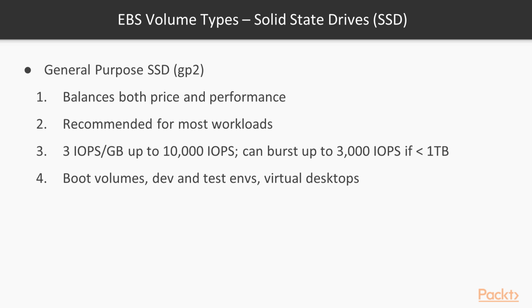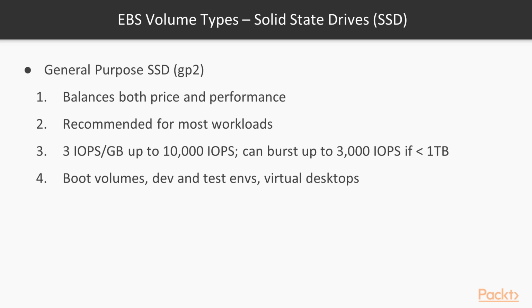Now, let's talk about the EBS volume types. We'll start by talking about solid-state drives, or SSDs. The first type of SSD is General Purpose SSD, or GP2. It balances both price and performance. It is recommended for most workloads. What we need to remember is that you get 3 IOPS per gigabyte, up to 10,000 IOPS.